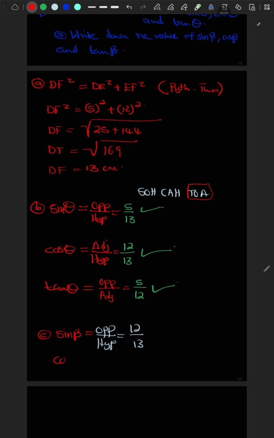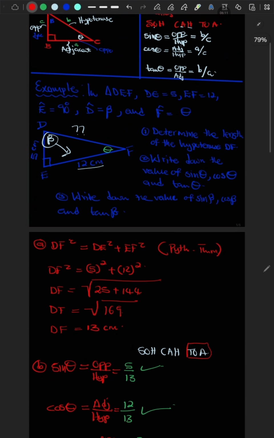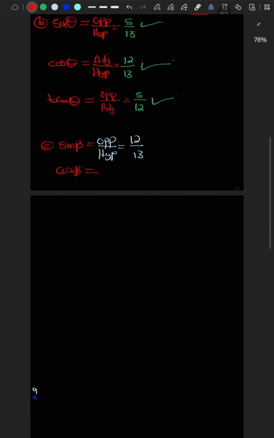Okay, cos beta. We go back to our SOHCAHTOA. What is adjacent to angle beta is 5. So your answer is going to be 5 over 13. And then lastly, tangent beta.